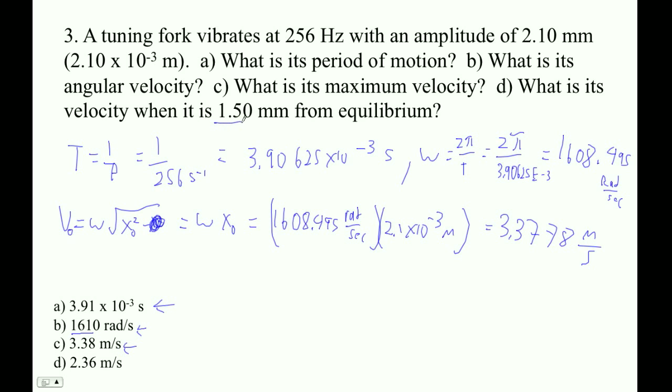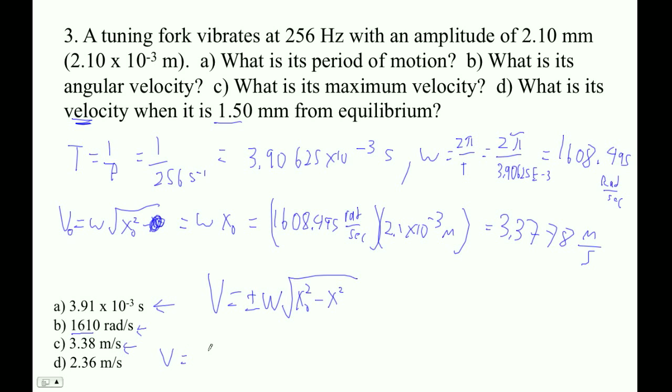What is its velocity when it's 1.5 millimeters from equilibrium? Well, I think we can handle that. We'll use the whole formula. V is plus or minus... Really, the question should be what is its speed. But it's going to be plus or minus omega times the square root of the amplitude squared minus the position squared. So we get to fully use this formula.